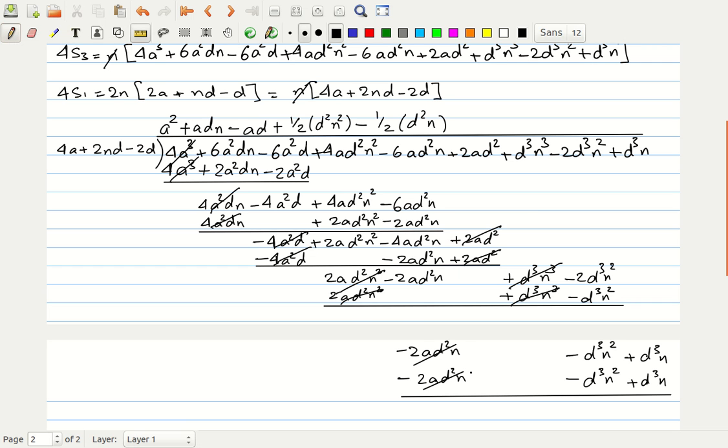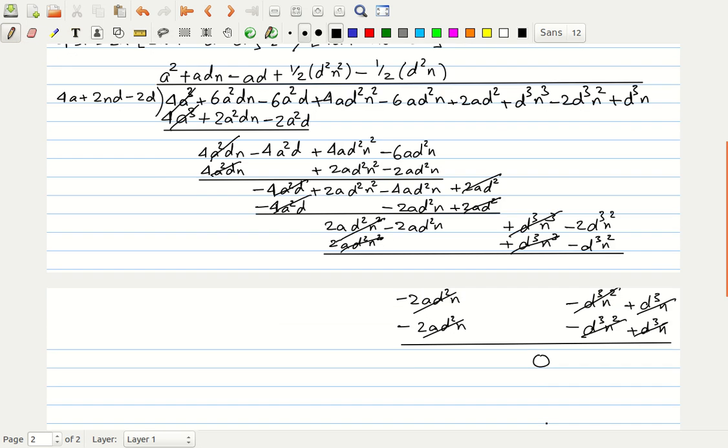So our division is complete, so we have this cancelling out, also this cancelling out, this cancelling out, and our remainder is 0. So what is our quotient after dividing?